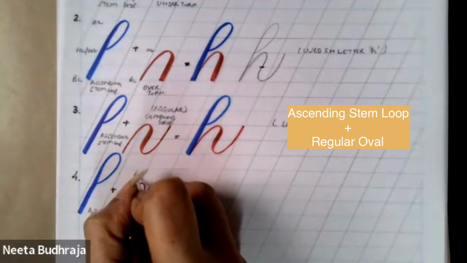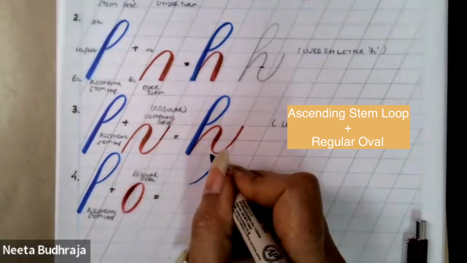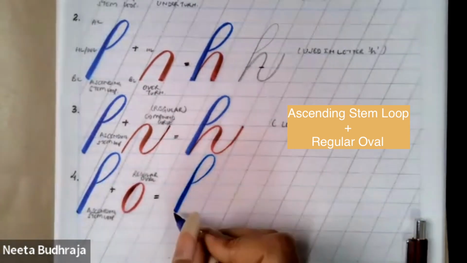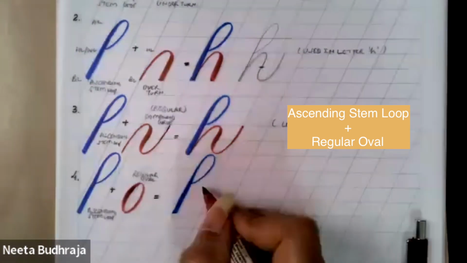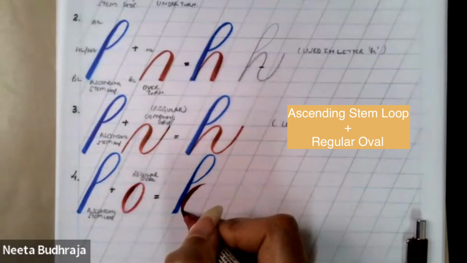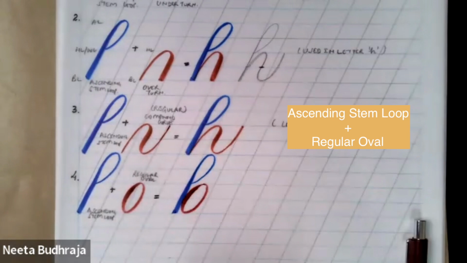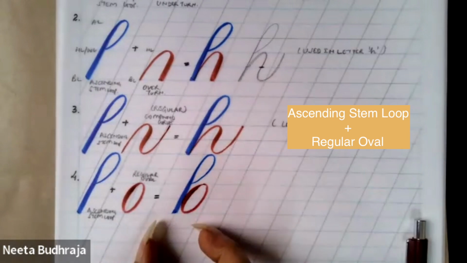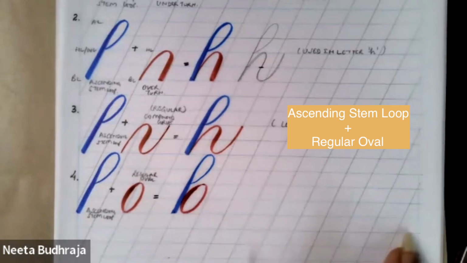This is our regular oval. And when we are connecting it with our regular oval, we don't use this kind of combination. Let's see if reverse oval can be used.